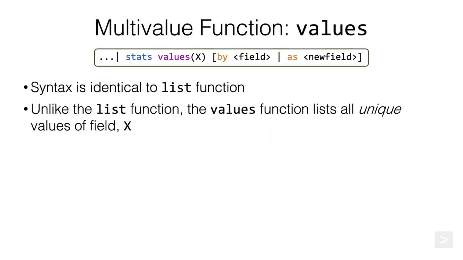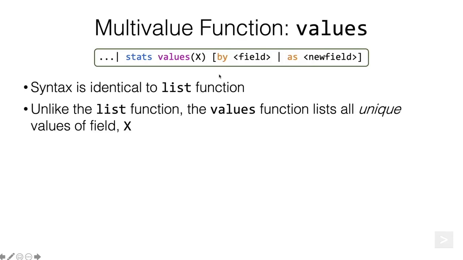The values function works very similarly to the list function and can also be used with stats or chart. Now, the values function is going to return unique values of a field and display those within our table. Once again, it can be renamed using the as clause.